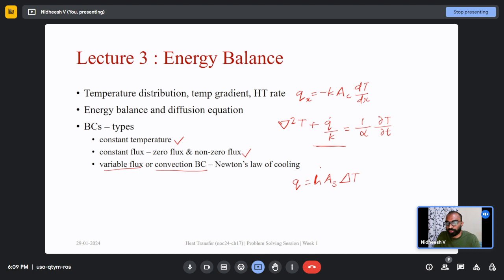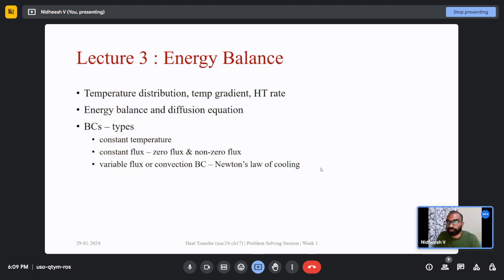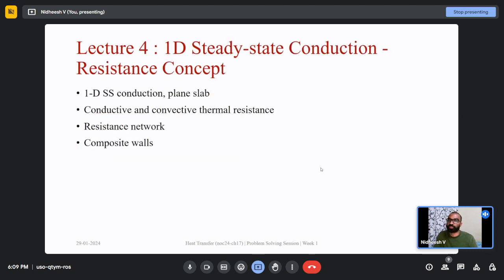These topics were covered in lecture 3, and after that we moved on to lecture 4, where one-dimensional steady-state conduction was discussed. I think we took the example of a plane wall to derive the equations for one-dimensional steady-state heat conduction, and we introduced an important concept, the thermal resistance concept.